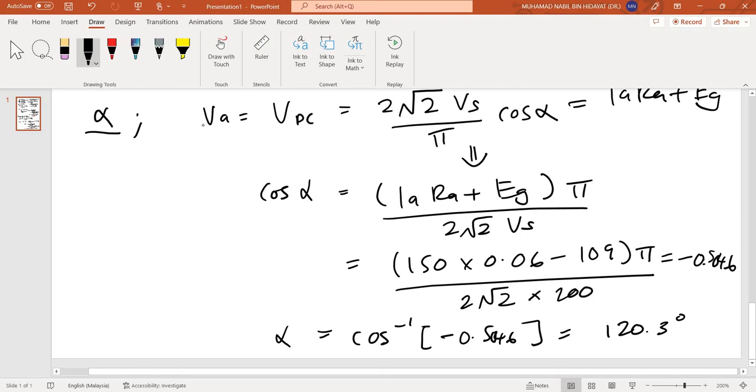Note that here the speed is negative, and the firing angle is within 90 degrees to 180 degrees.